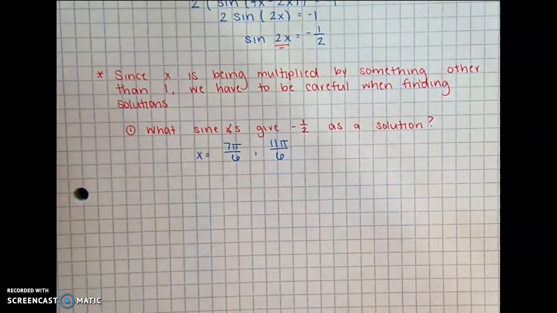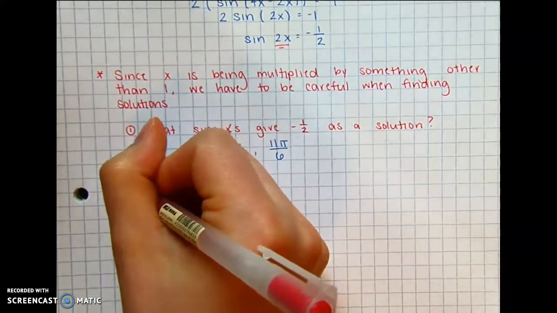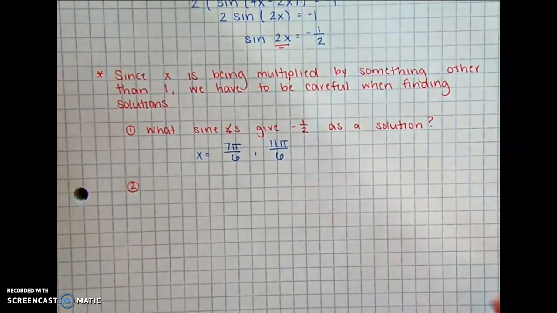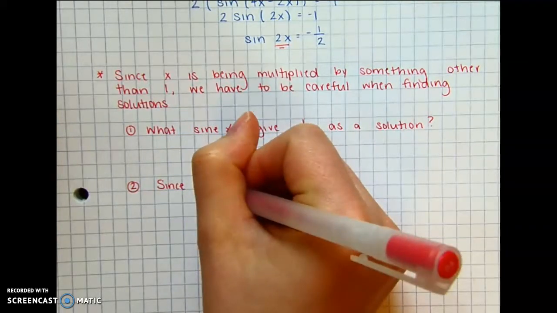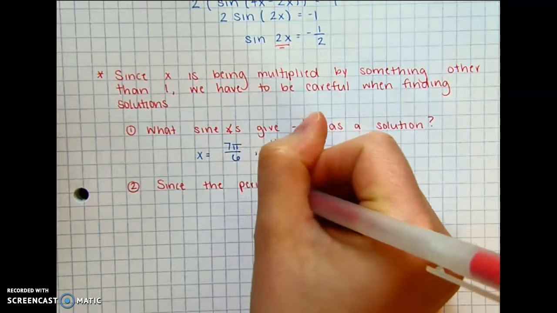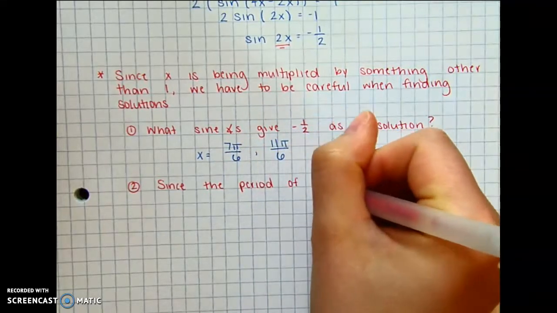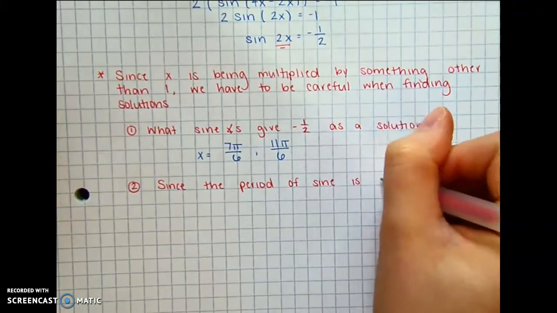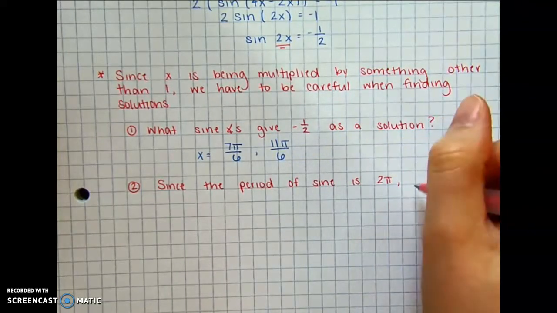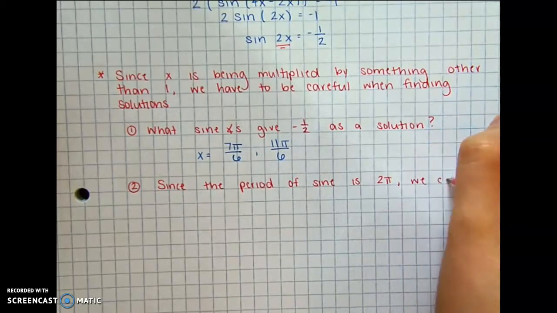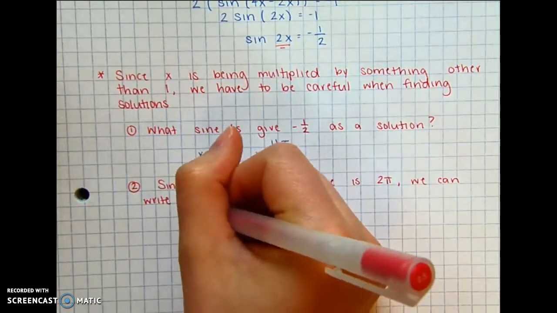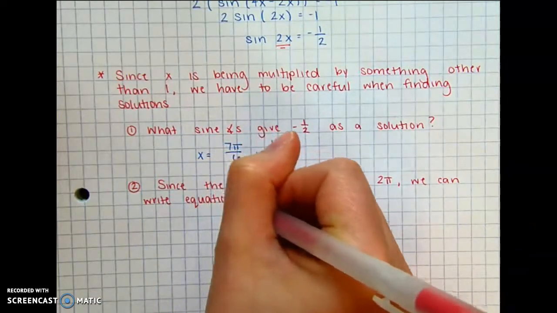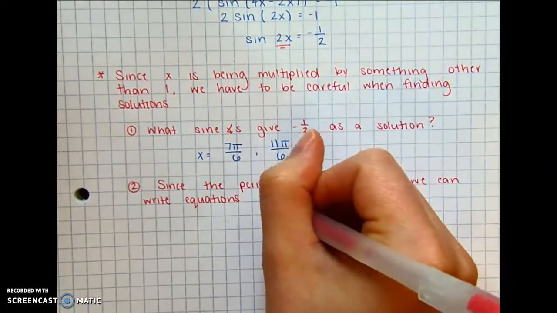Okay, so keeping that in mind, now we want to keep in mind the period. So since the period of sine is 2 pi, we can write equations to help determine all solutions.